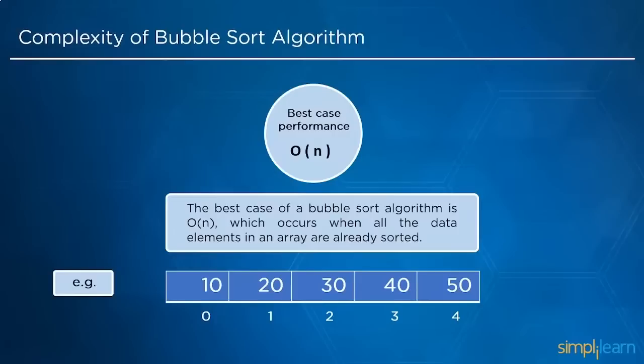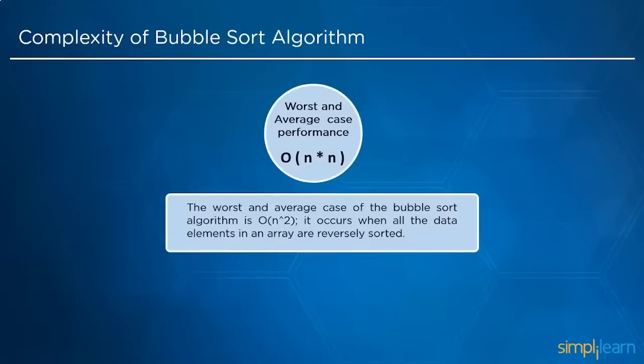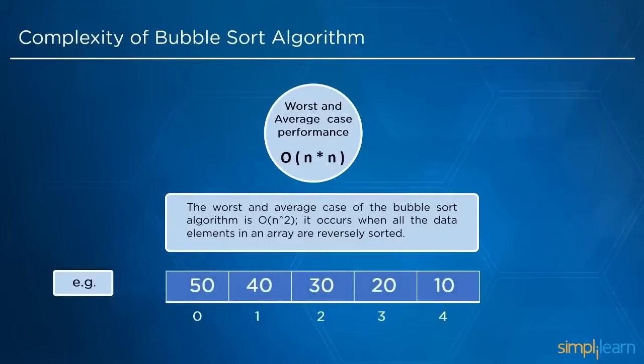Next, talking about the average and worst case, the worst case and average case of the bubble sort algorithm is O of n to the power 2, that is n squared or n into n. It occurs when all the data elements in an array are reversely sorted. Again, we have an example of reversely sorted data elements, that are 50, 40, 30, 20 and 10 in an array.